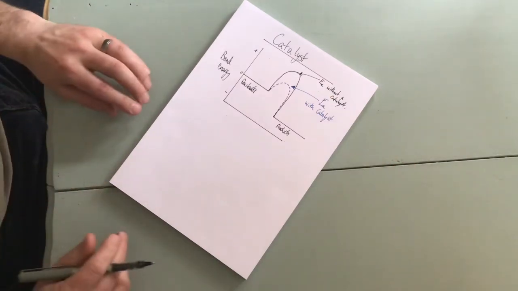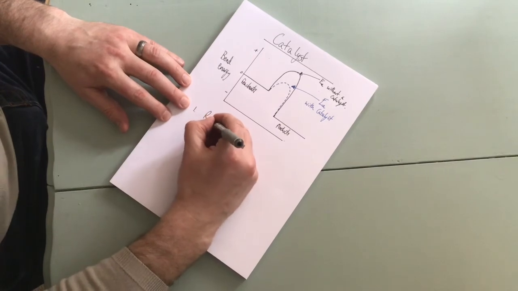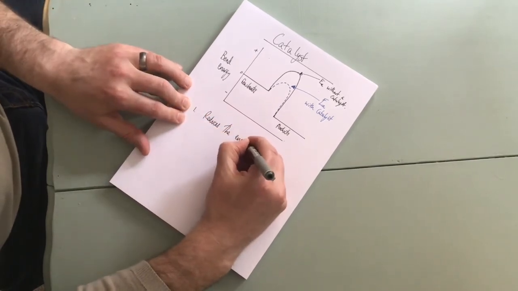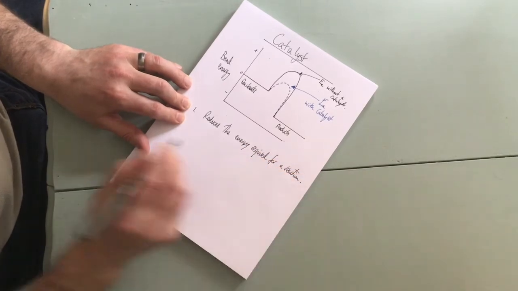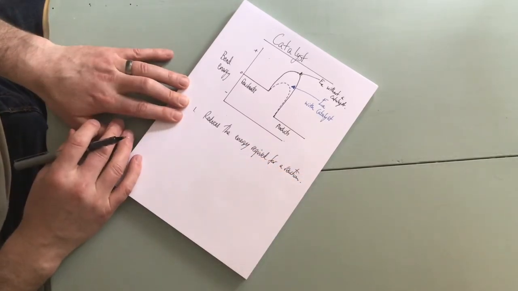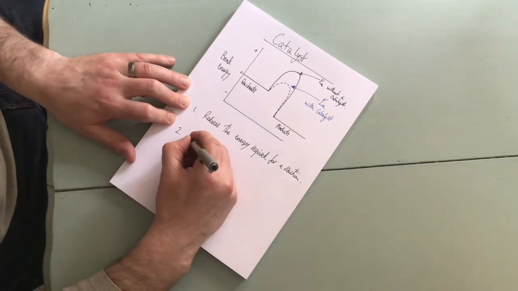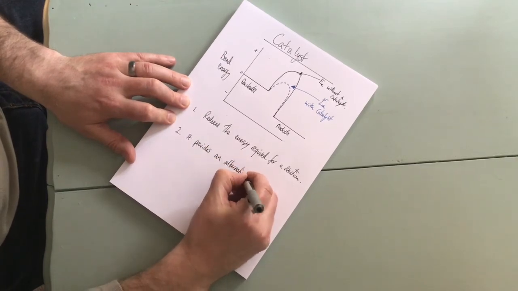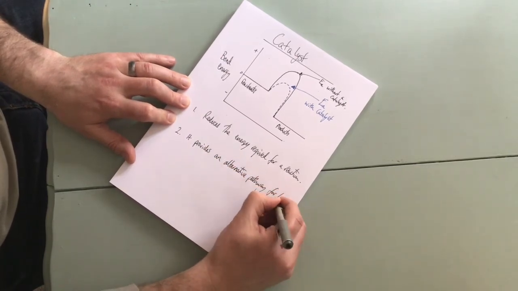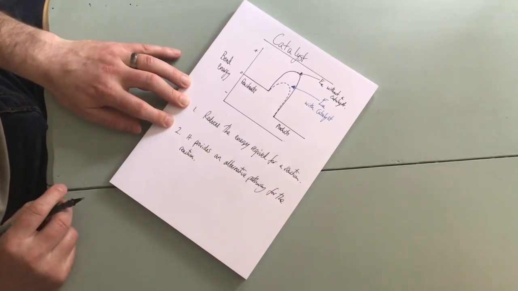Now there are two things that we need to know about a catalyst. Number one, it reduces the energy required for a reaction to take place. And number two, it provides an alternative pathway for the reaction.